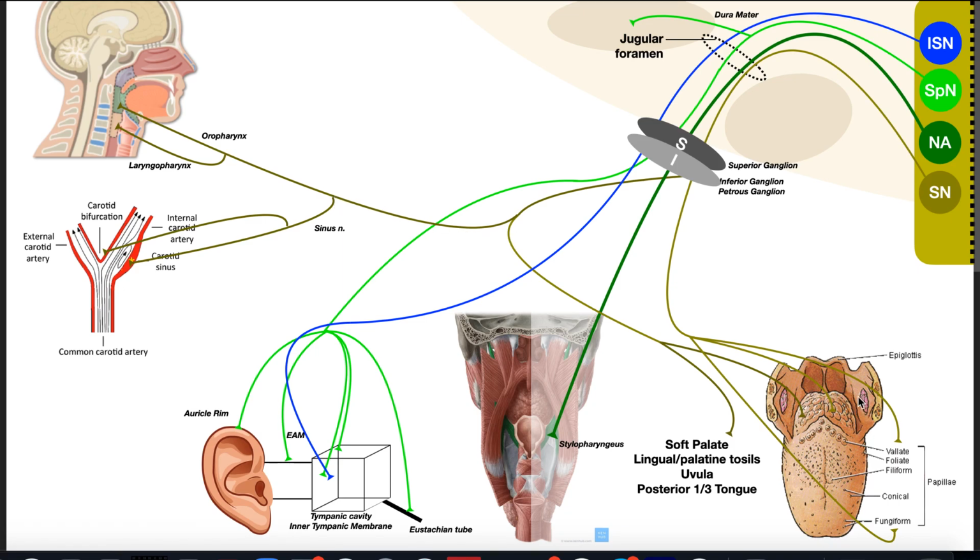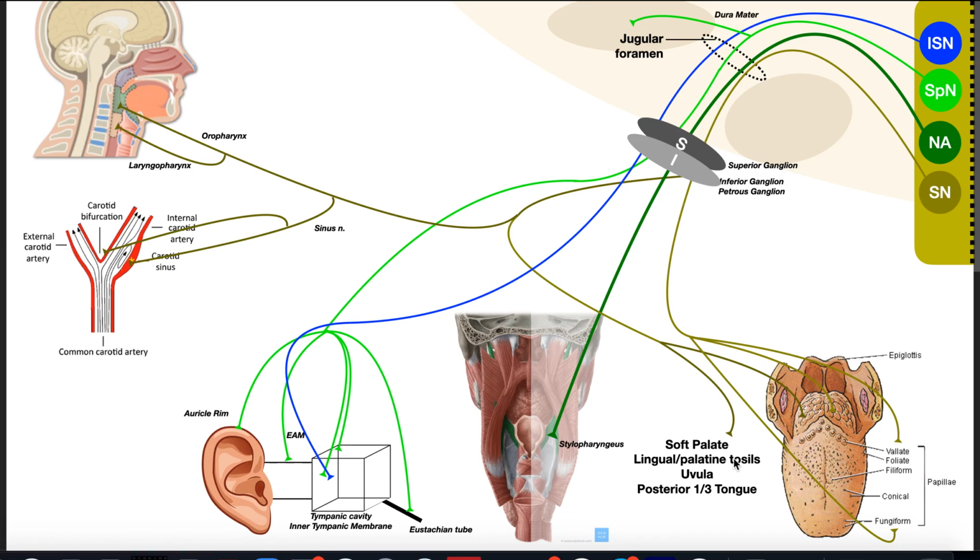Earlier we talked about special sensation on the tongue. Well, we also have to relay general sensation back to the solitary nucleus. And just like the solitary nucleus, through the glossopharyngeal nerve, receives special sensation from the posterior 1/3, we also get general sensation from the posterior 1/3. But there are also some other structures whose general sensation is relayed back to the solitary nucleus via cranial nerve 9, and that is the soft palate.